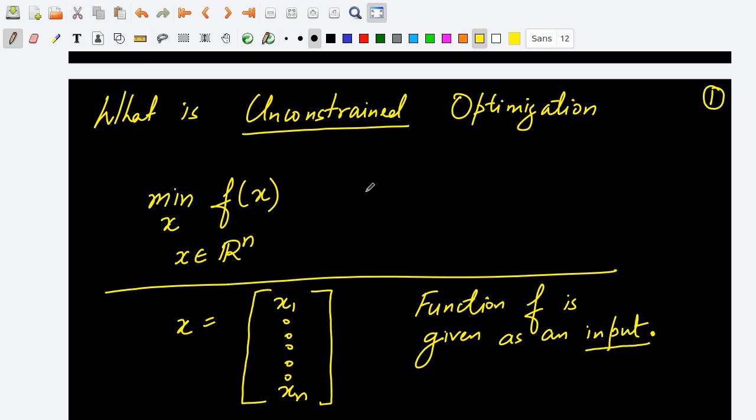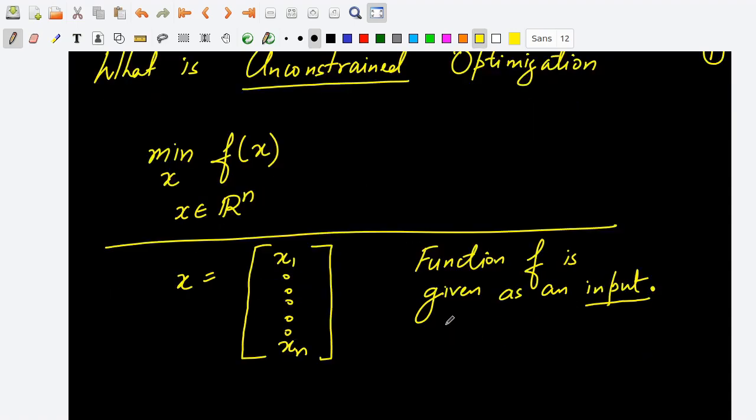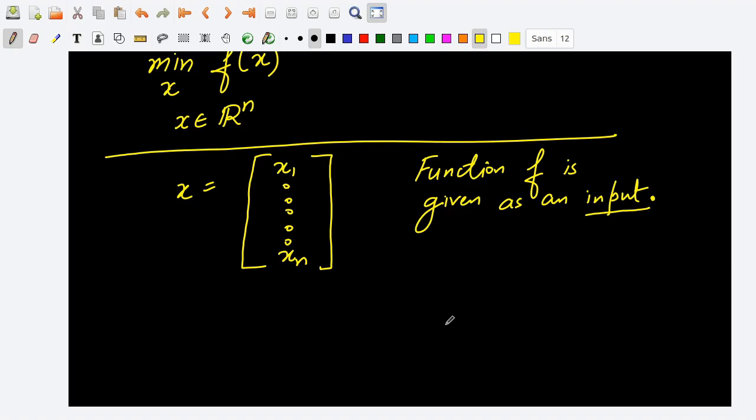So let's first look at examples and then come back to this question about what it means that f is given as an input.